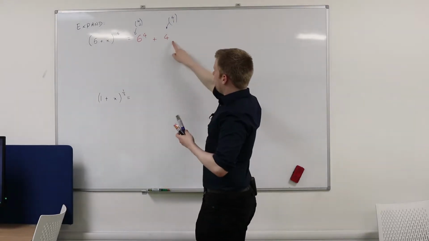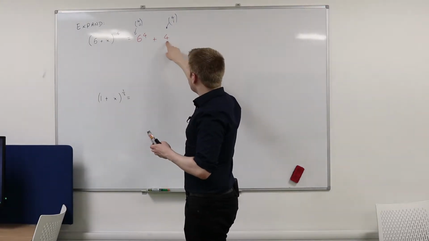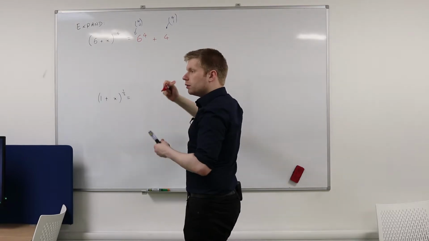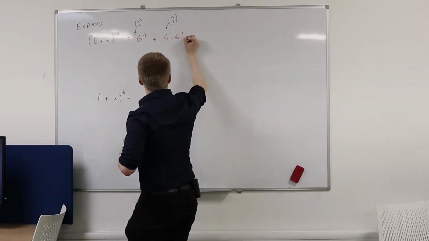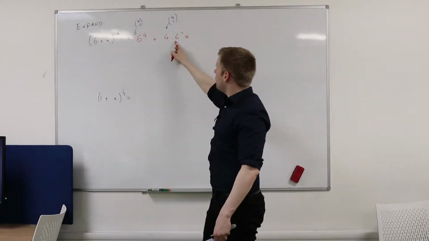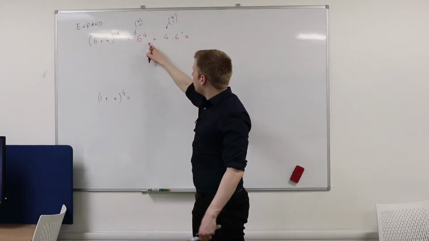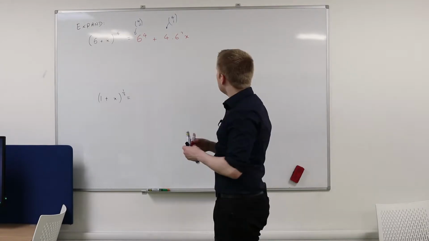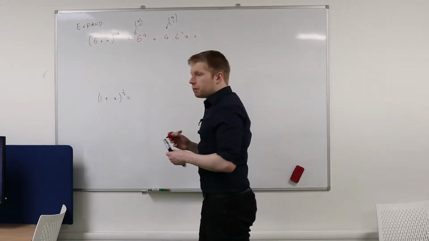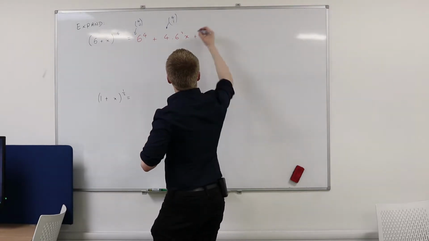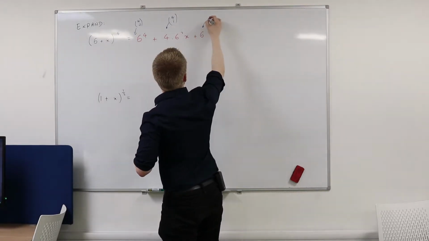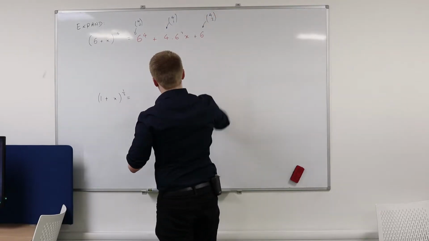Okay. What's the next thing that goes there? So you've got 4. Finish the term for me. Good. 6 to the power of 3. Just x. Good. So you notice that you're climbing down in the powers of 6 and climbing up in the powers of x. Okay. What's the next coefficient going to be? Good. 6, which again comes from taking 4 choose 2. Good.